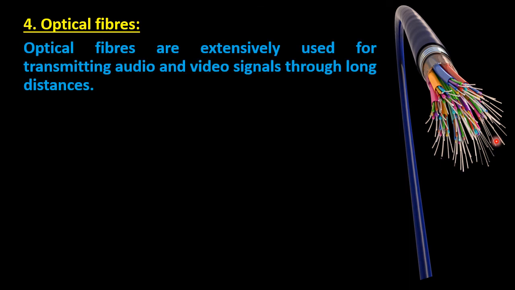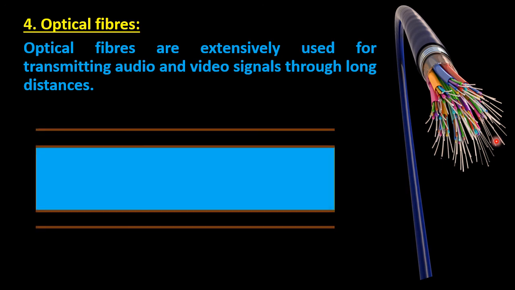These optical fibers are extensively used for transmitting audio and video signals over long distances. This is the structure of an optical fiber. This inner blue part we call the core, and outside there is an extra layer called cladding.